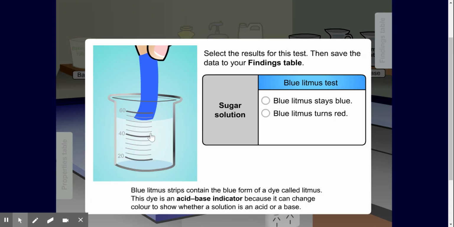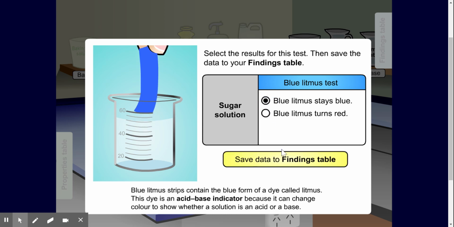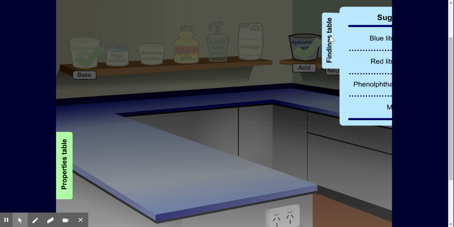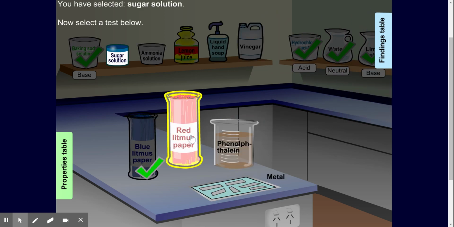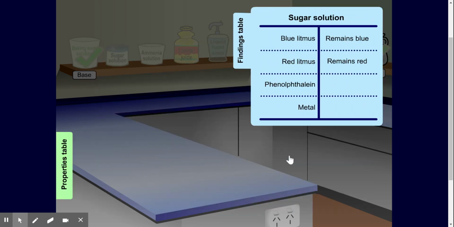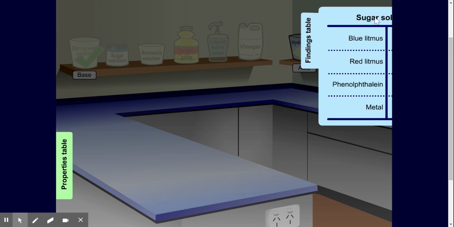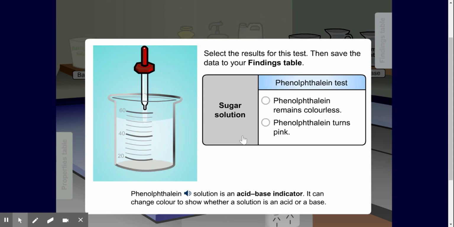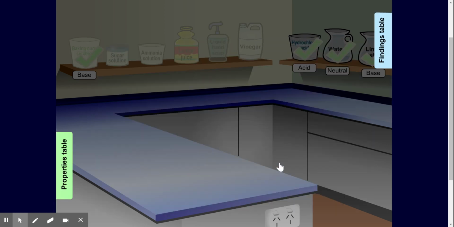Sugar. We'll start with blue litmus paper. We see it stayed blue. We go to red. We see that it stays red. And then phenolphthalein. It remained colorless.